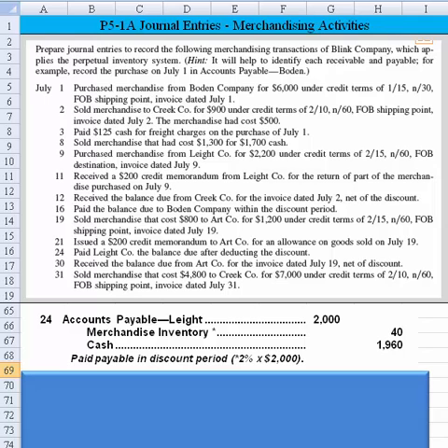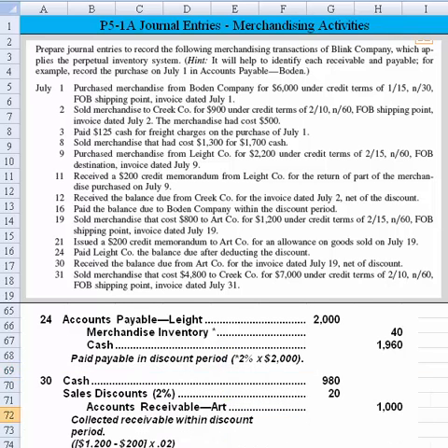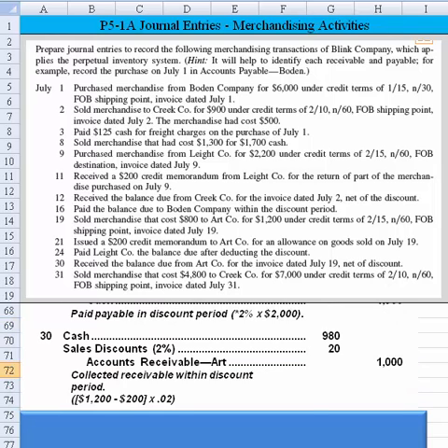On the 30th, we received the balance due from Art Company net of a discount. Again, we're going to see the same kind of approach. Let me see if I can get this to show there. We show that we're not going to receive the full $1,000 because there's a 2% discount that Art took. Now, what you see is that accounts receivable will still be credited for the full amount, right?